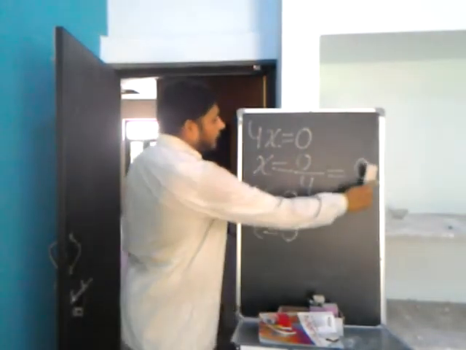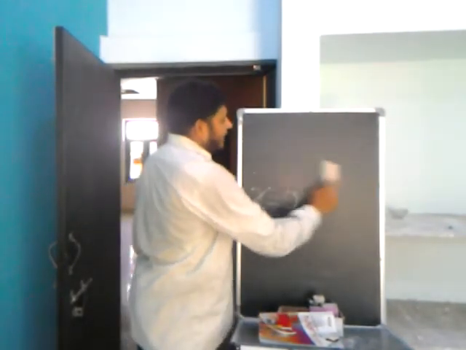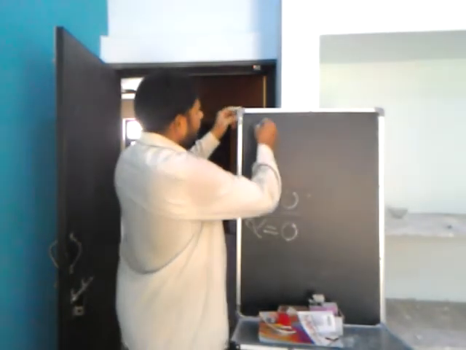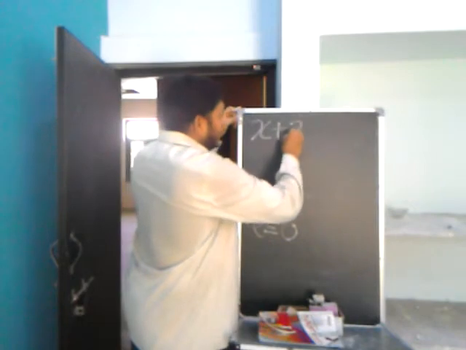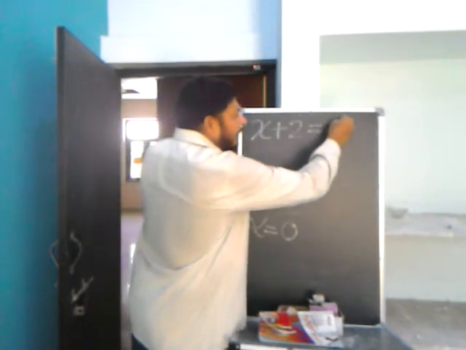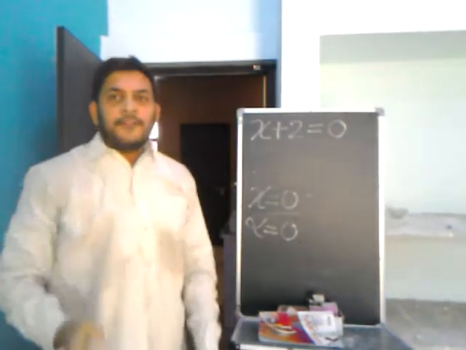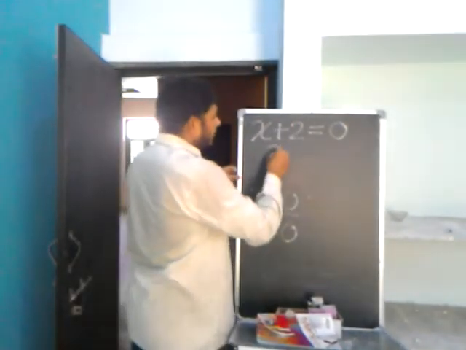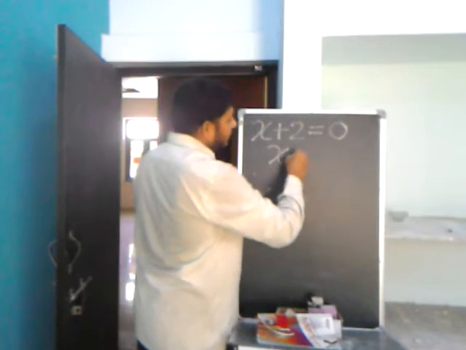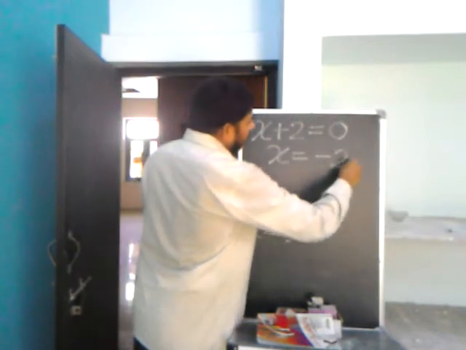Now we shall solve the second factor. Again, because the value of every factor is equal to 0, the value of this factor is also 0, so x is equal to minus 2.